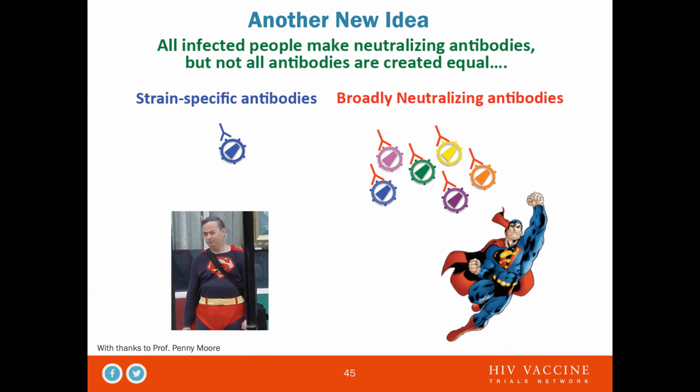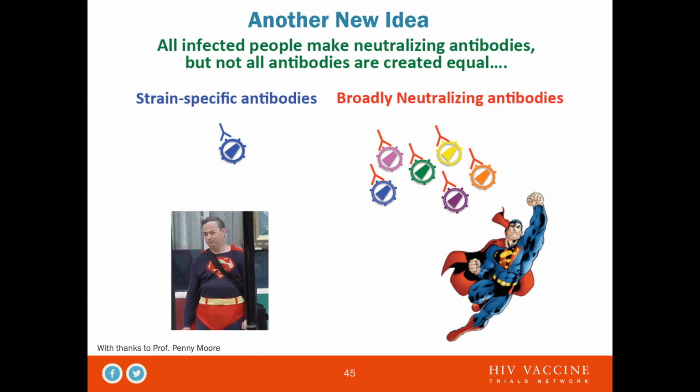Everyone who comes across any kind of bacteria or virus makes neutralizing antibodies, but not all neutralizing antibodies are equal. Some, as I mentioned before in prior studies that have been tested, were wimpy, like the Superman on the left, only recognizing and fighting back against one particular strain or one particular pathogen.